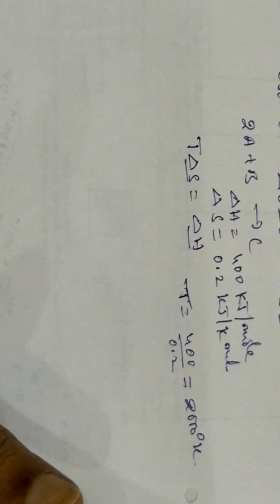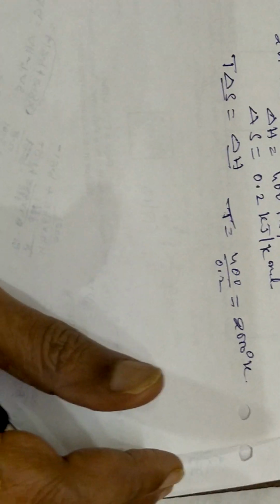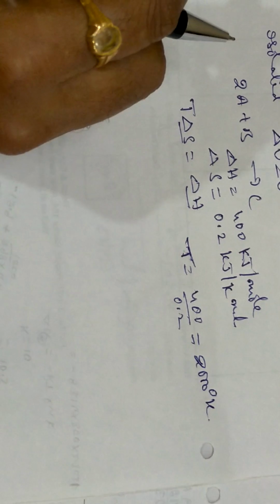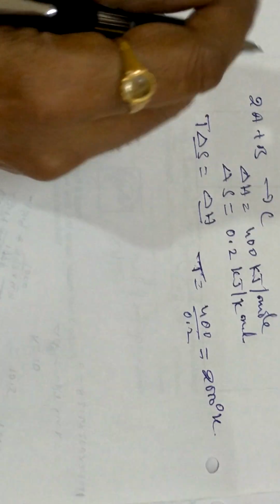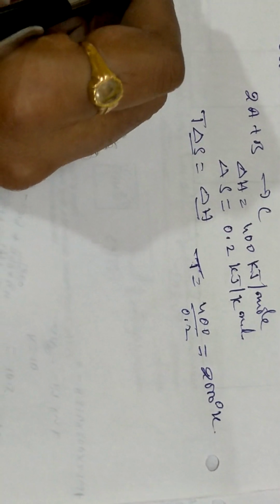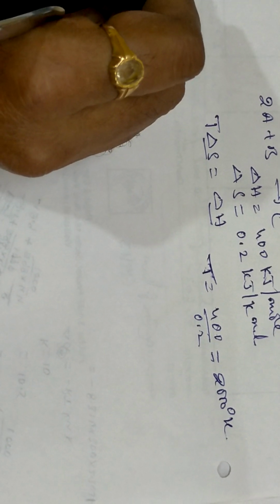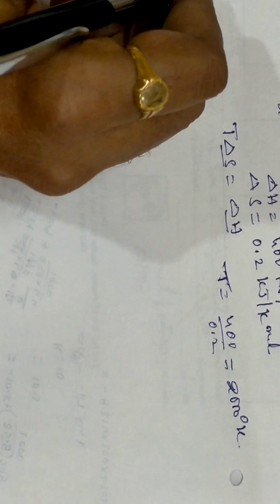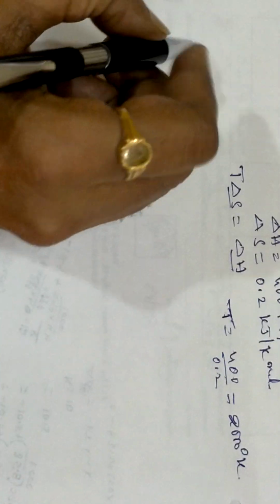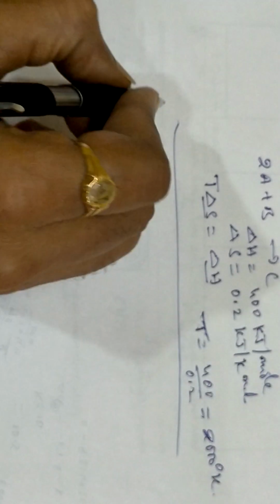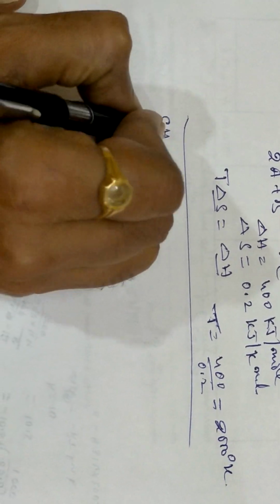Fine. Now lastly we will see a slightly bigger question, and one has to be more careful with this. Now there are some equations. What is given? Calculate the standard enthalpy of formation of methyl alcohol, methanol, from the following data. The data given is methanol combustion.